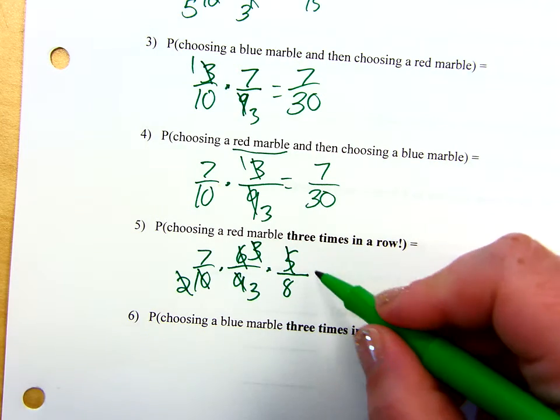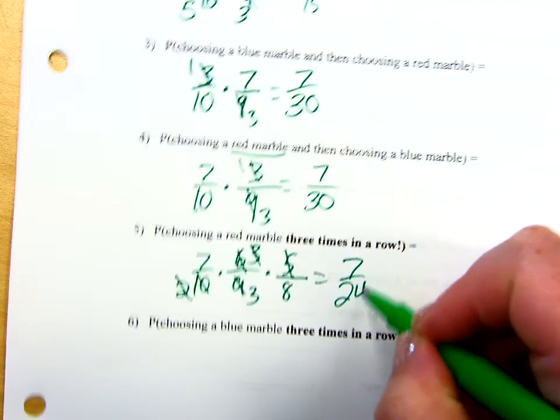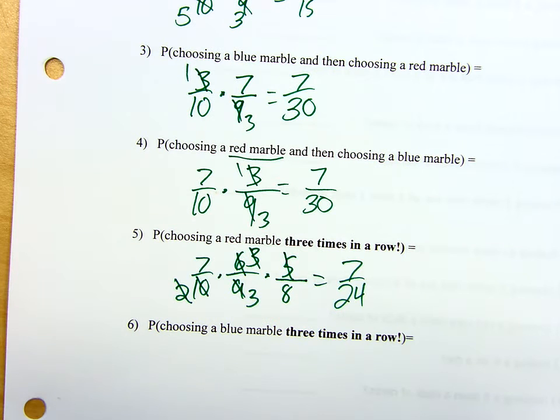Seven over 24. How do you get 7 over 24? By reducing. If you just multiplied straight across without simplifying, you would get 210 over 720, but then you have to reduce that. It should reduce right back down to 7 over 24, but that's so much more work.